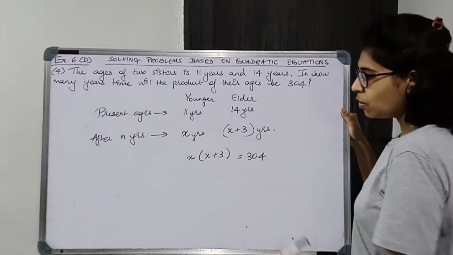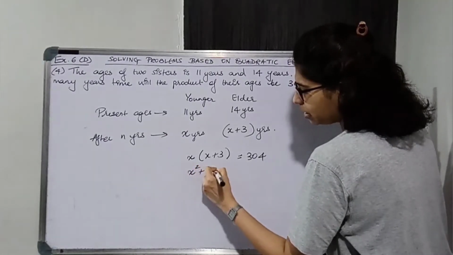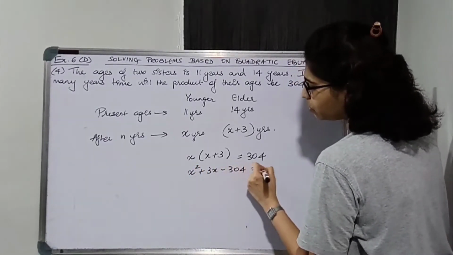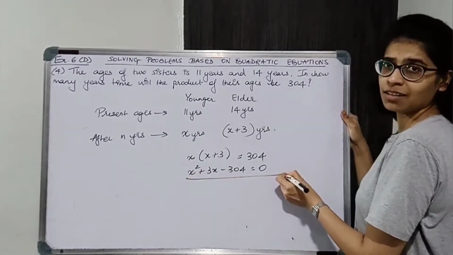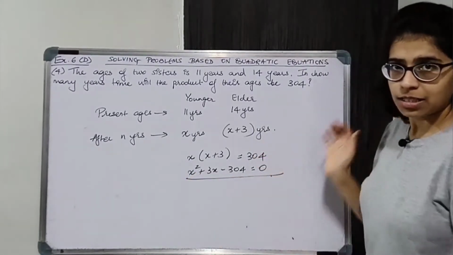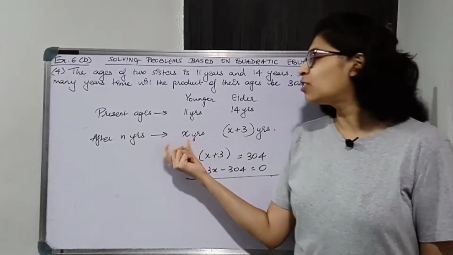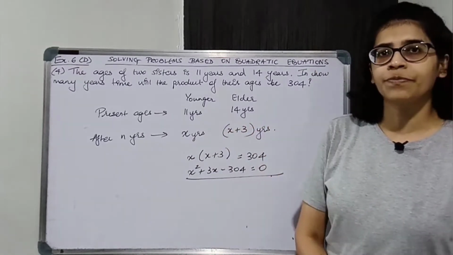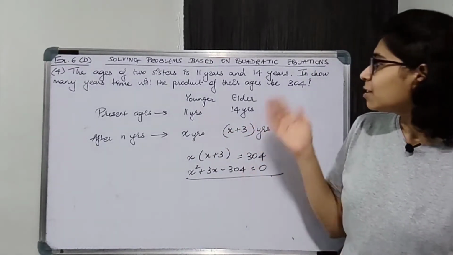Okay, so now we'll get a quadratic equation. x square plus 3x minus 304 is equal to 0. Okay. On solving this, we'll get the value of x. Okay. So we will get the age of the younger sister. We can also find the age of the elder sister. Okay. Just add 3.